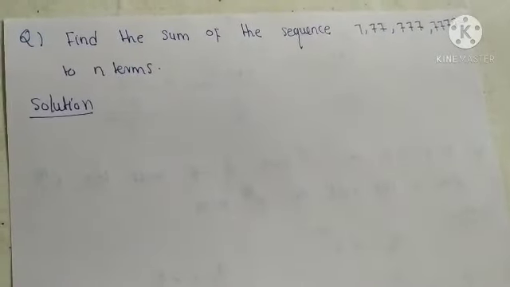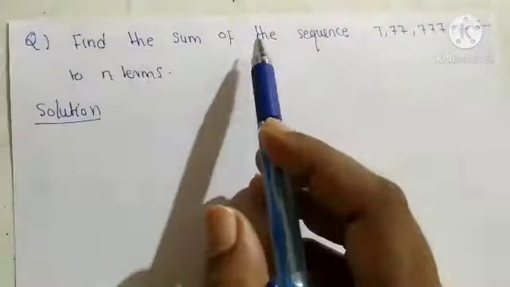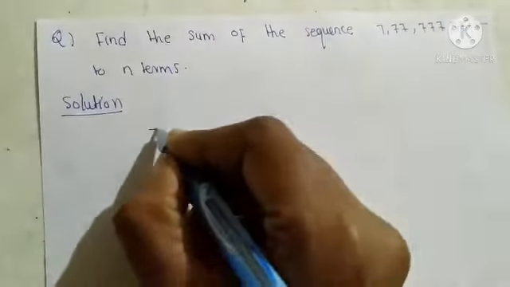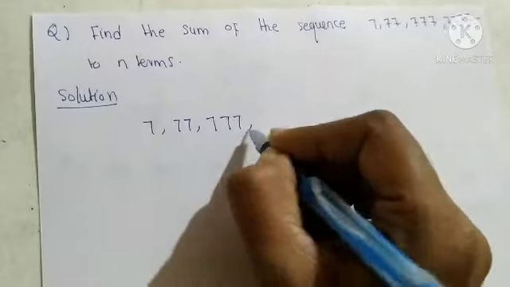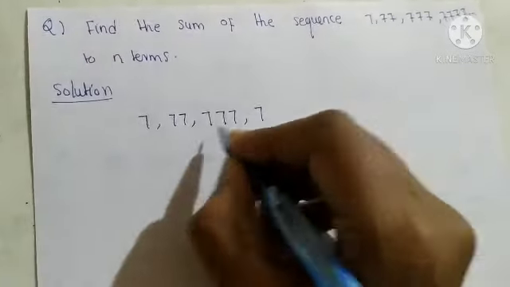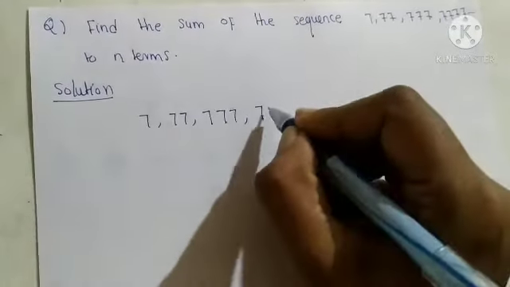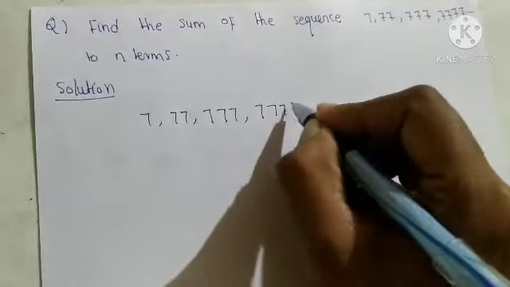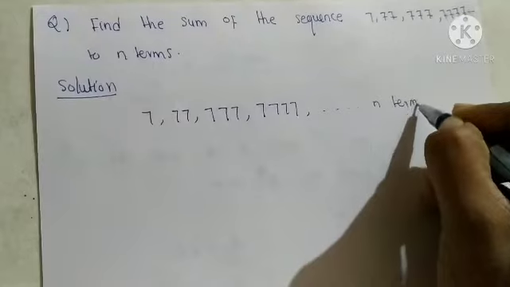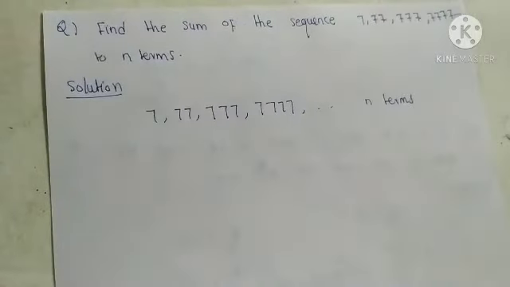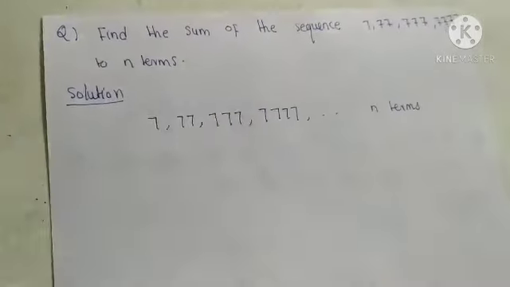Next question is an important question. Find the sum of the sequence 7, 77, 777, 7777, etc. to n terms. Okay, so this is our question.